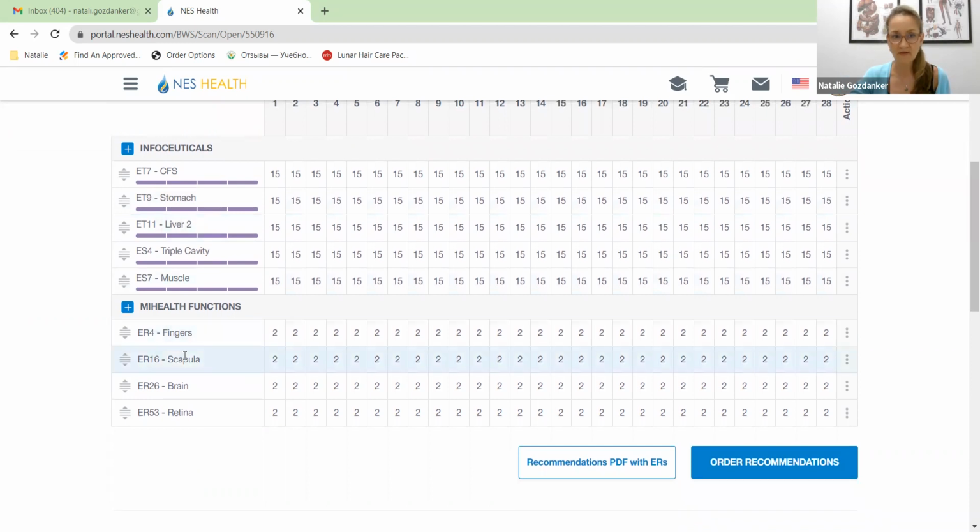Now, in terms of My Health functions, these are the biggest energetic blockages and distortions that really need to be taken care of. Usually people who live in proximity to my clinic come and see me in person, perhaps twice a week, and we work with this My Health device, whether we do it on body or off body, depends again.